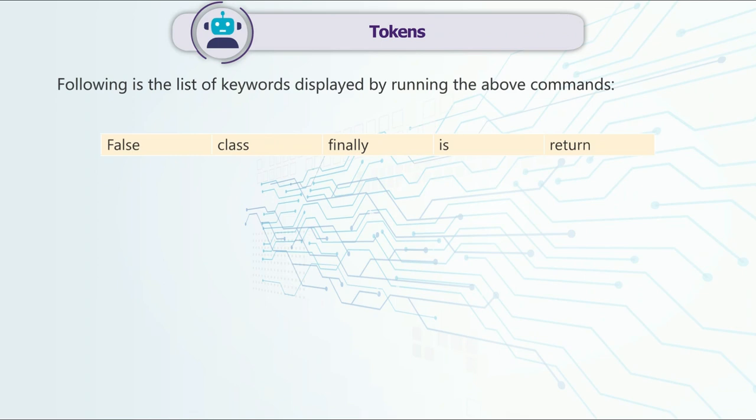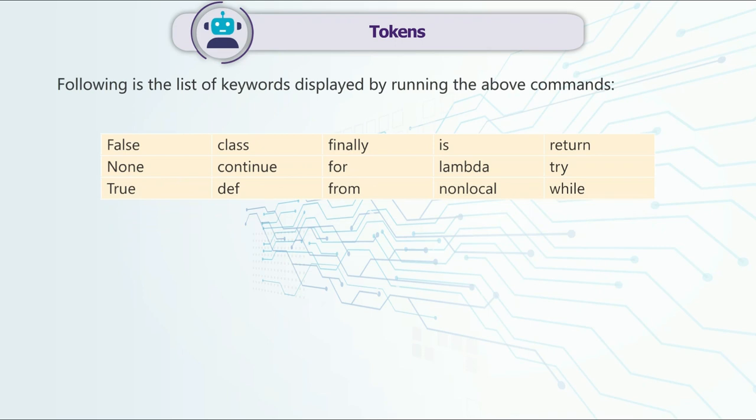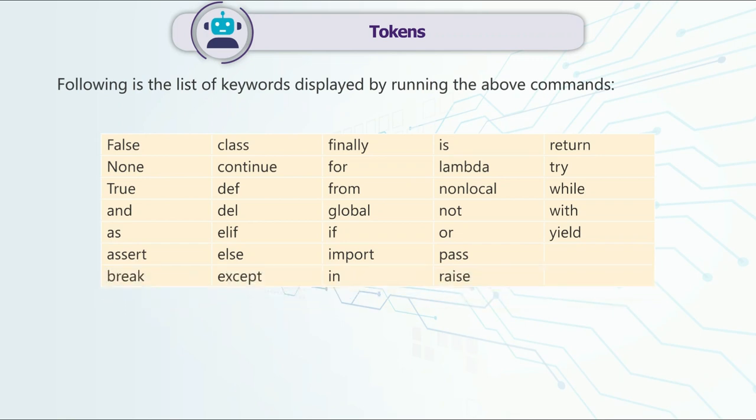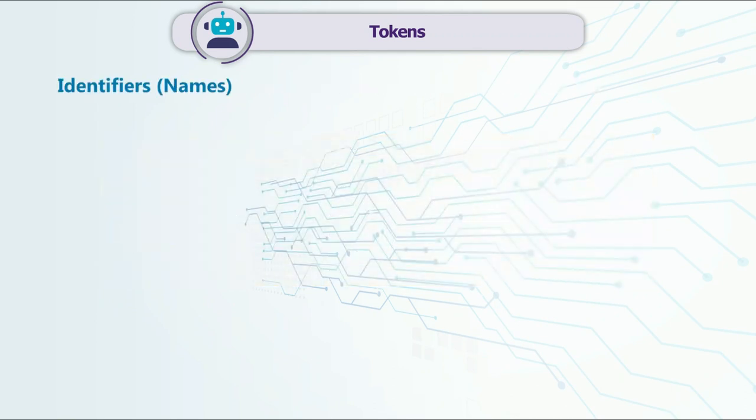False, class, finally, is, return, None, continue, for, lambda, try, True, def, from, nonlocal, while, and, del, global, not, with, as, elif, if, or, yield, assert, else, import, pass, break, except, in, raise.